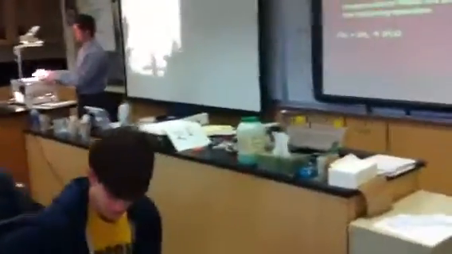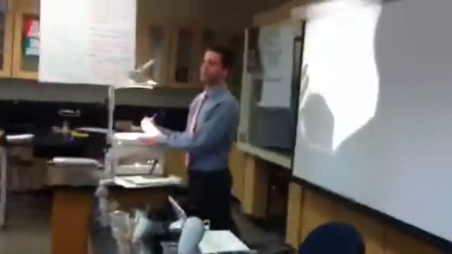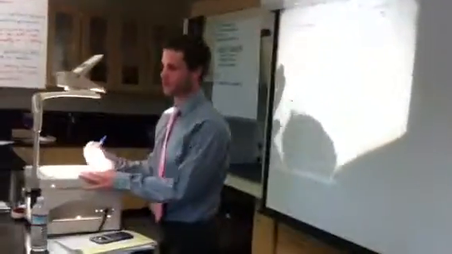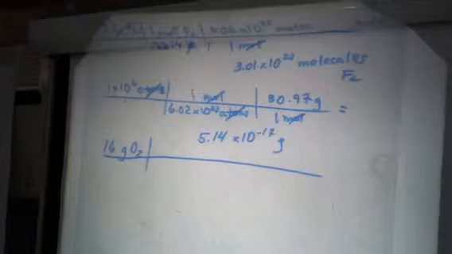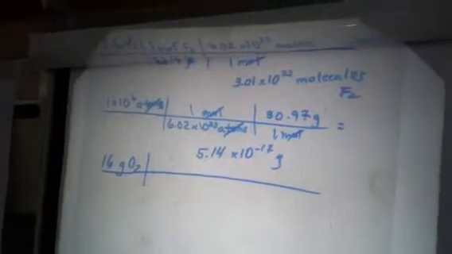Okay, so let's figure this out. We have 16 grams of O2. Everyone has that on their paper. Now, a lot of you were like, well, let's convert to moles, because if we want moles of water, we should probably convert to moles of oxygen, right? And how did you do that? Daniel, how do you convert to moles of oxygen?